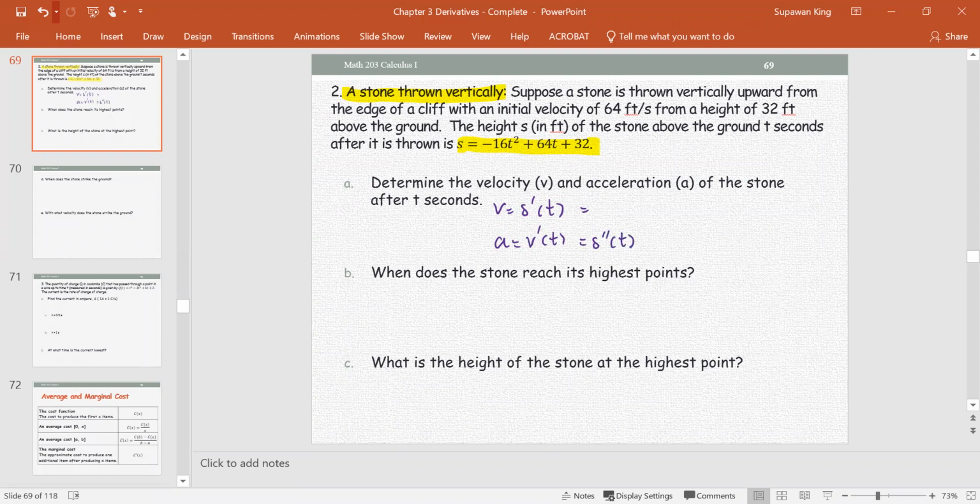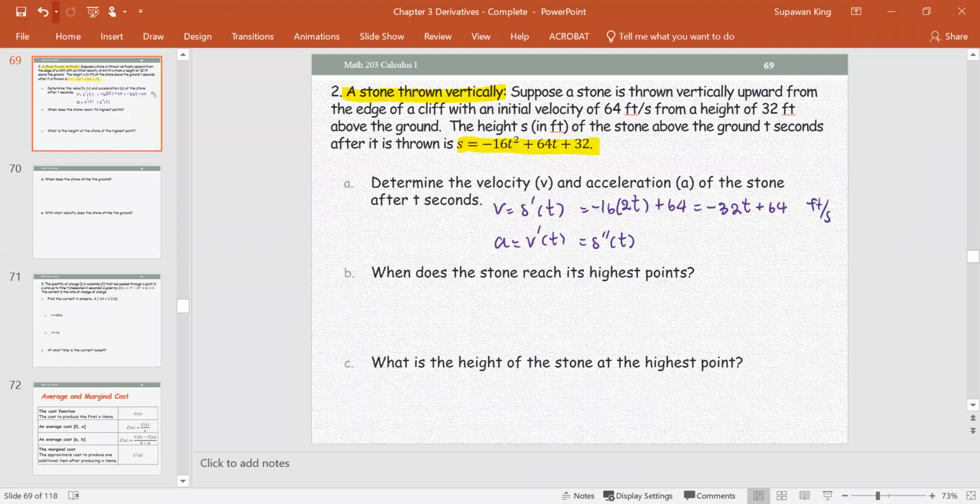With the position function s equals negative 16t squared plus 64t plus 32, the first derivative, the velocity, applying the power rule, is negative 16 times 2 times t plus 64 plus 0, or rewritten, negative 32t plus 64, and the unit is feet per second.